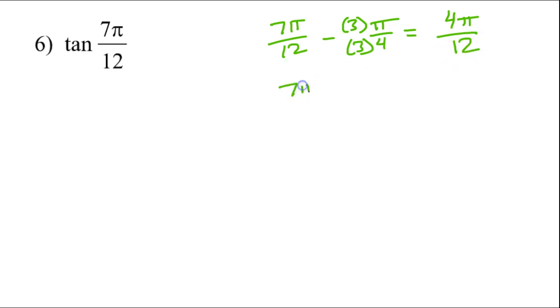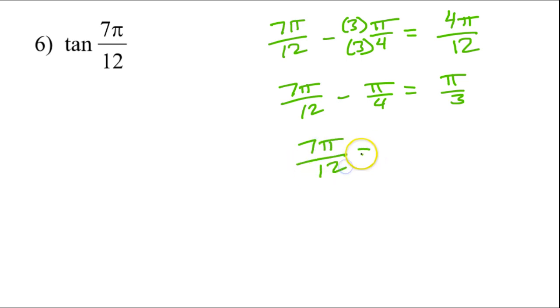So that means 7 pi over 12 minus pi over 4 is equal to pi over 3 once I reduce. Now I'm going to add pi over 4 to both sides, so that gives me 7 pi over 12 is equal to pi over 4 plus pi over 3.